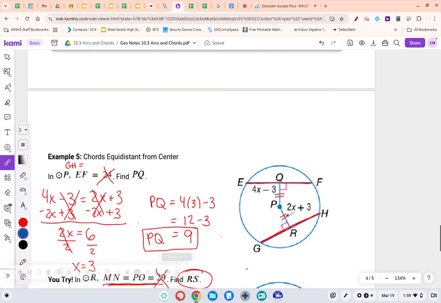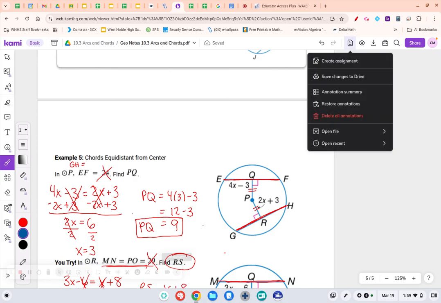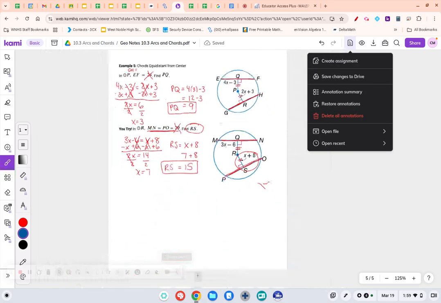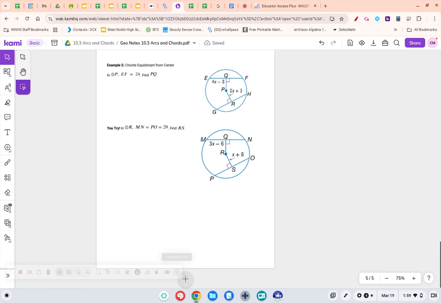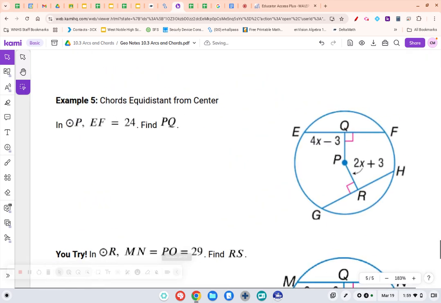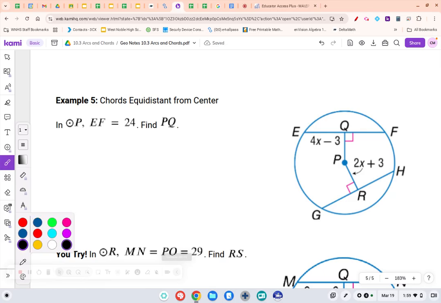So we're going to do some math here. Okay, so this first question, there's actually a tiny typo here, guys. Add that this should say GH is equal to EF is equal to 24. Fix that, okay?